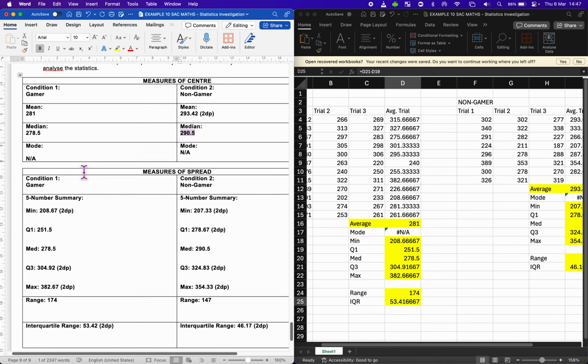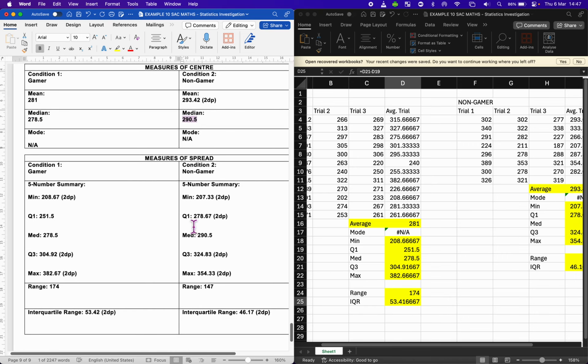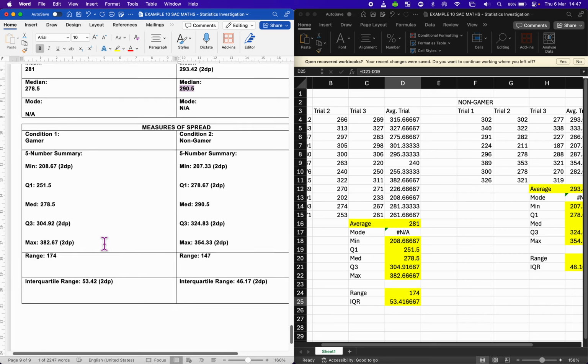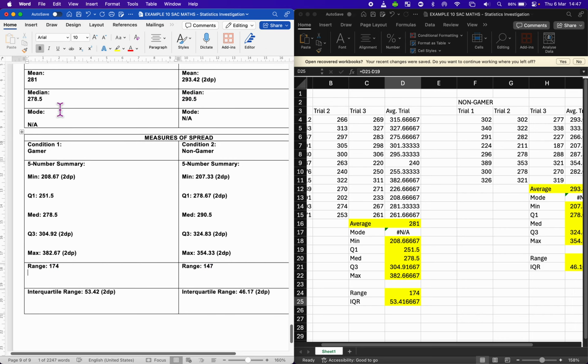What can we say according to measures of spread, which is about consistency? Well, the range for the gamers was 174 versus 147. So even though the gamers were faster with a lower millisecond score, they were less consistent based on all of the data.